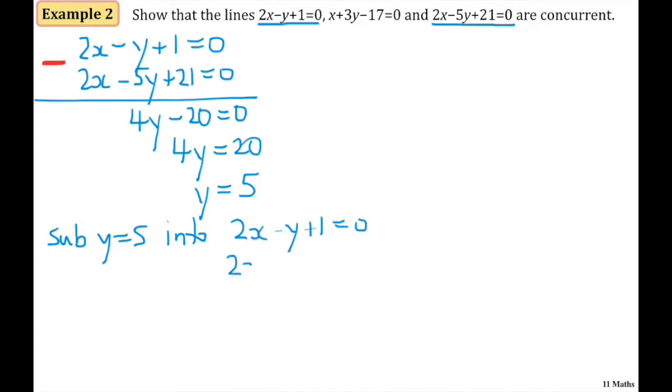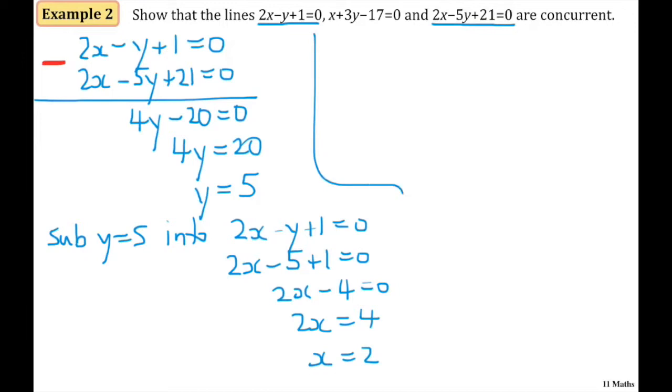So it becomes 2x minus 5 plus 1, 2x minus 4 equals 0, 2x will equal 4, divide by 2 to both sides and you get x equals 2, which means that these two lines that I chose will meet at 2, 5.